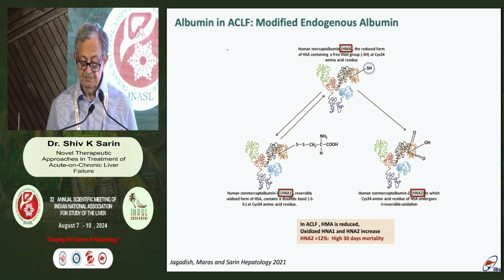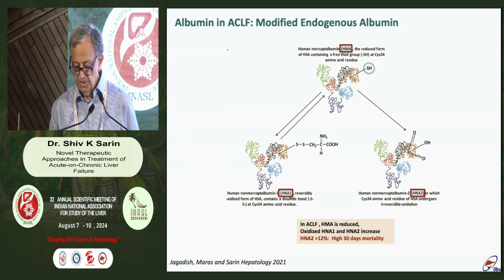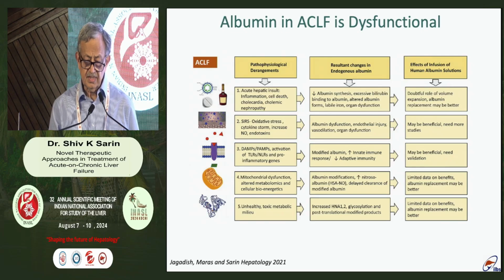Second, bilirubin is bound. The modified albumin is HNA1 and HNA2. HNA2 is where the 34 sulfhydryl group is irreversibly changed. So now it is a useless, toxic albumin. And this happens: the more external albumin you give, the more it becomes toxic. So albumin in ACLF is dysfunctional.